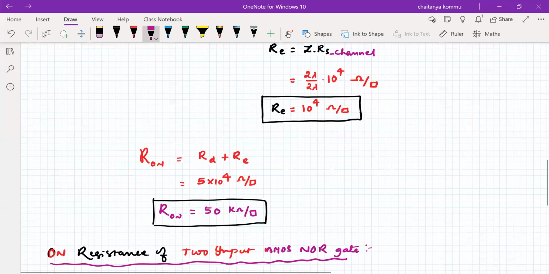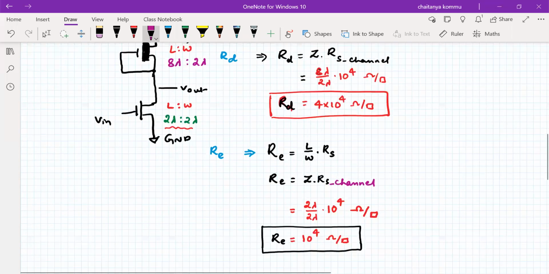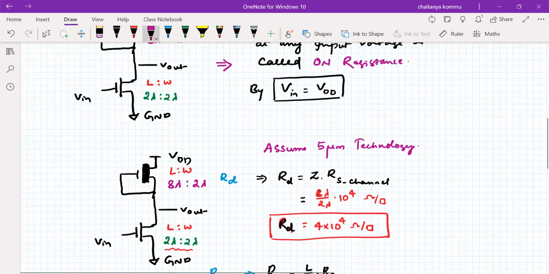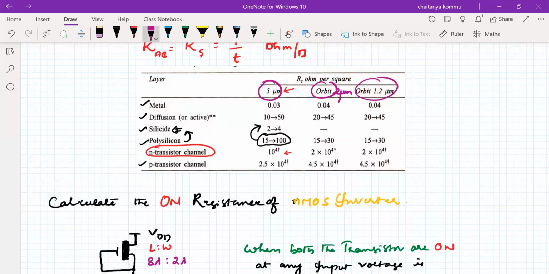Assume 5 micron technology. For example, if you use 1.2 micron technology, what is the n channel sheet resistance? 2 into 10 to the power of 4 per square for n channel.